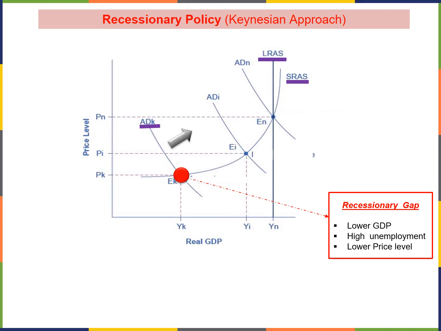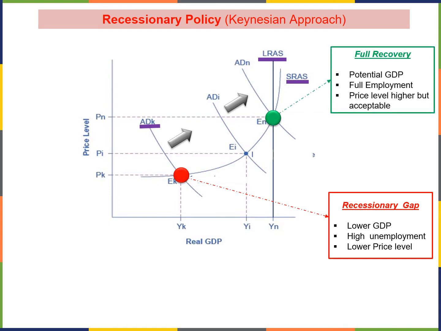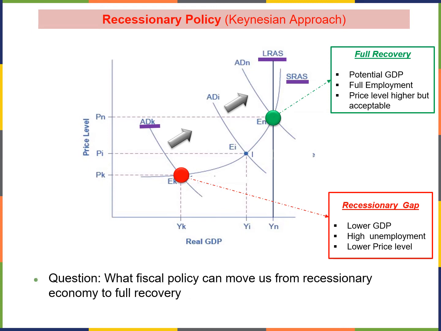As aggregate demand shifts to the right, eventually we reach potential GDP, full recovery in the long run. So the question is, what fiscal policy can move us from a recession economy to full recovery? And that is what a recessionary policy is trying to accomplish, to move us from a recessionary economy to full recovery.